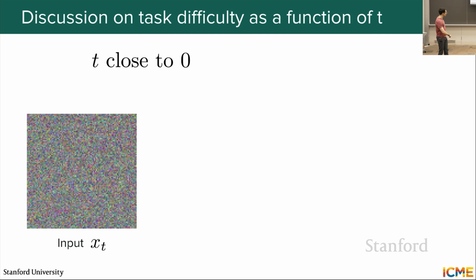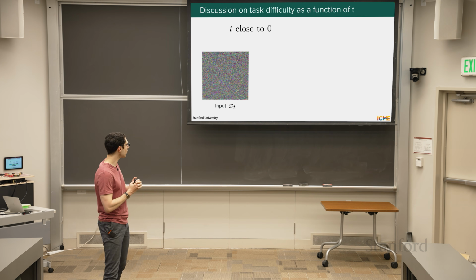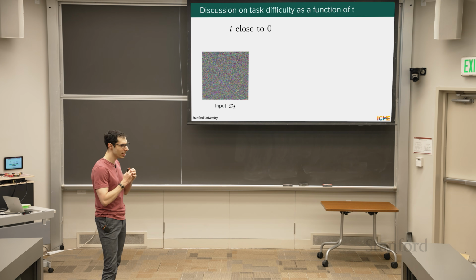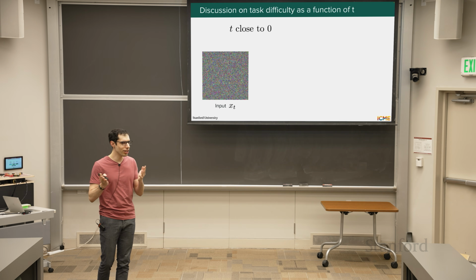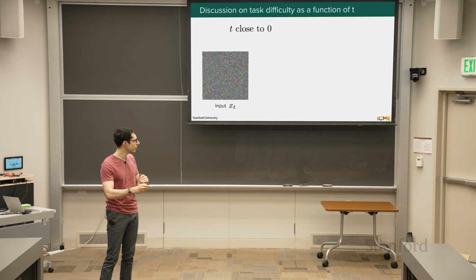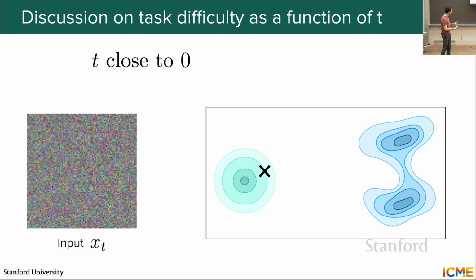So I'm going to ask you some questions. Let's suppose we want to figure out, from an input that is extremely noisy, think of it as x0, whether making a prediction on where to go from x0 is an easy or a hard task. So I'm just going to make our life easier.